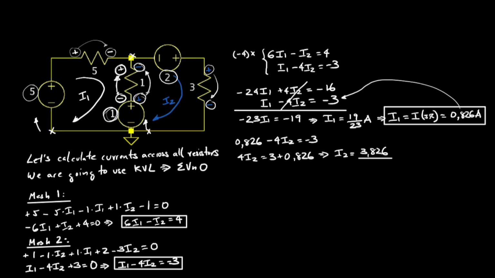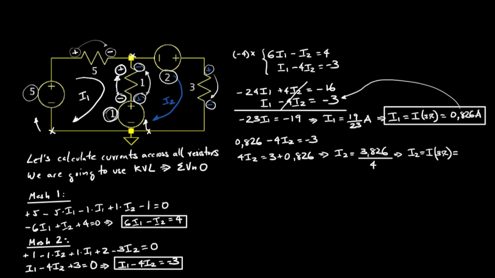But I1 is the current that is going through the 5 volt voltage source, as you can see on the left mesh. I1 is the current that is going through the 5 volt voltage source and is the current that is going through the 5 ohm resistor. So this is the current through the 5 ohm resistor.